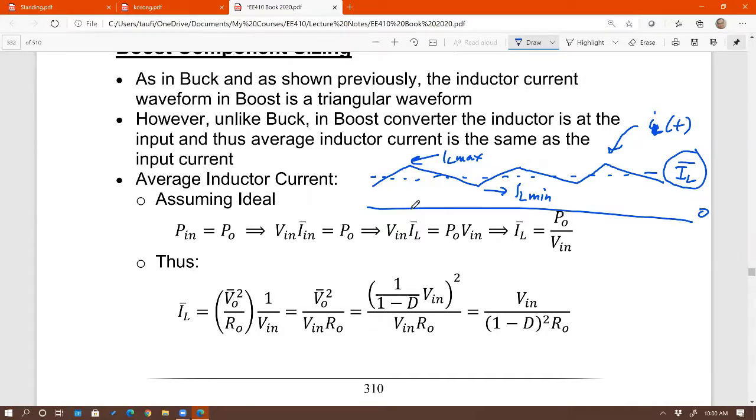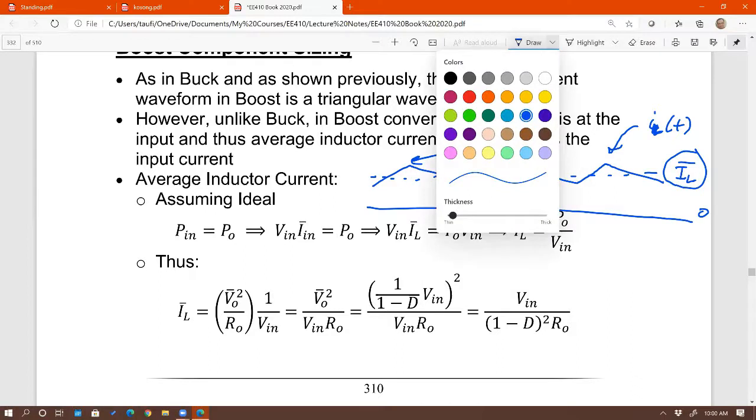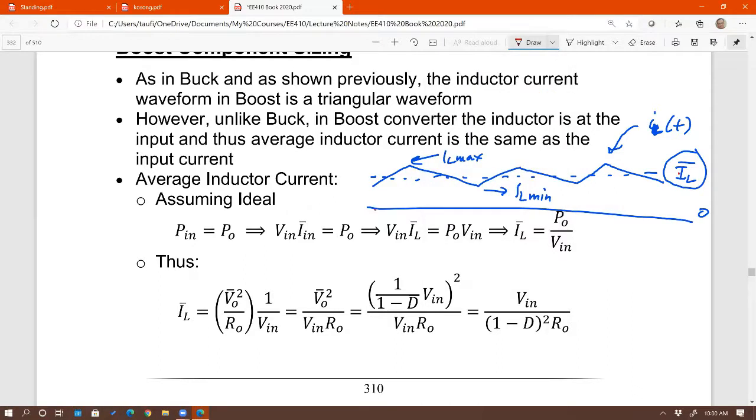Now, of course, when it reaches boundary conduction mode, we will know what IL min is by knowing delta IL. I'm just going to draw it. If it's reaching boundary conduction mode, this is a special case, as you already know, right? At boundary conduction mode, we know right away that IL min is 0, that's 0 amps.